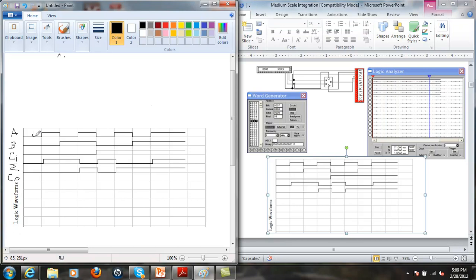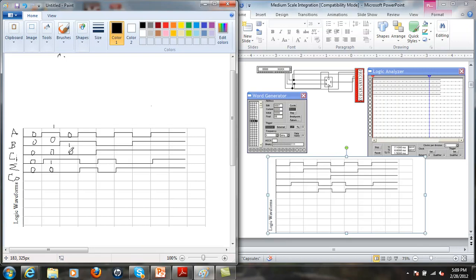This is a 0, 0, 0, which means I get a sum of 0 and a carry out of 0. Here I've got a 1, a 0, a 0, so I get a sum of 1 and a carry out of 0. Likewise here, this is a 0, a 1. I get a carry in of 1.